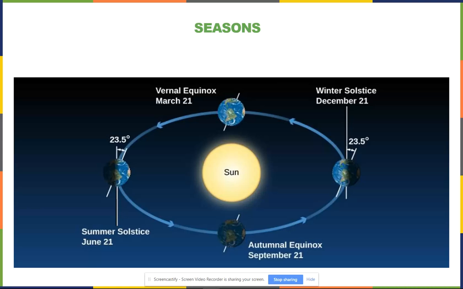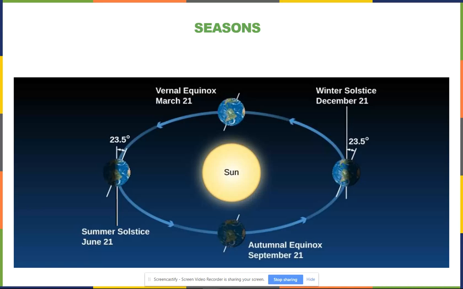No, right here. It's called here the first point of Aries. And then we're going to have the other one over here. It doesn't even have a name on that one. But those are the two equinoxes, the places where we have the ecliptic crossing the celestial equator.